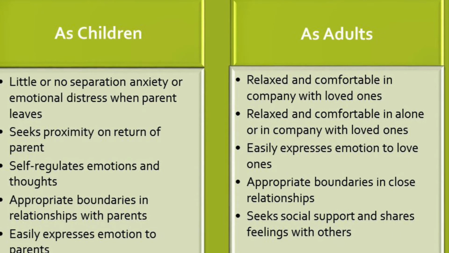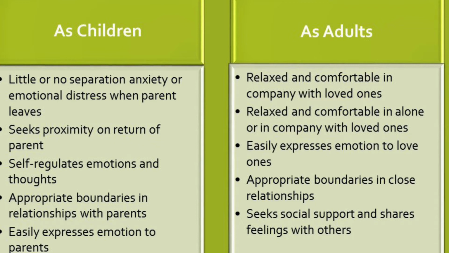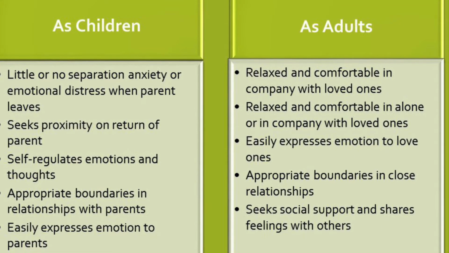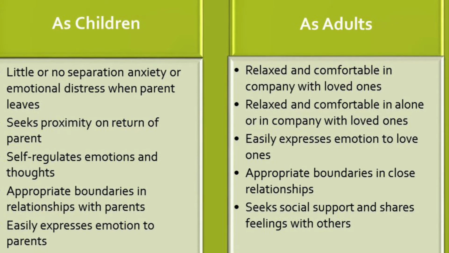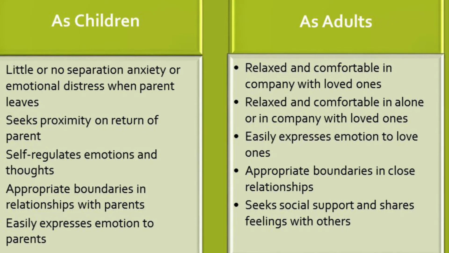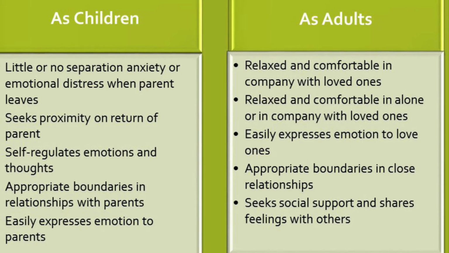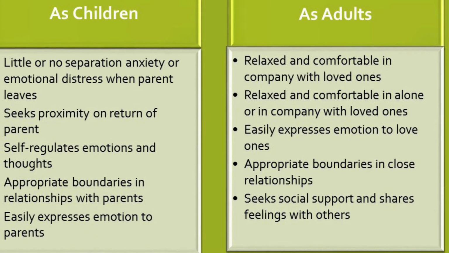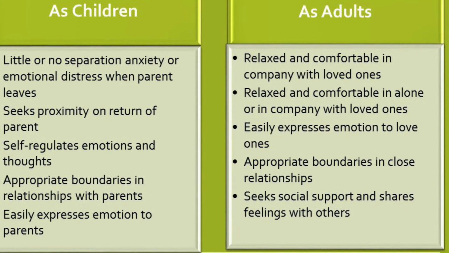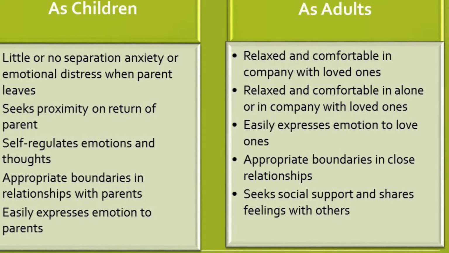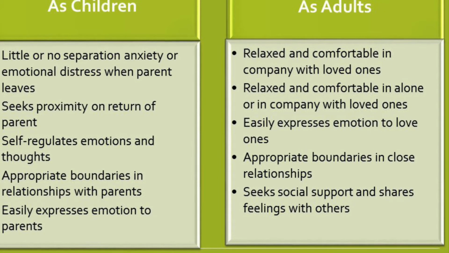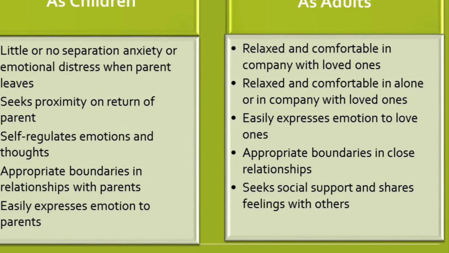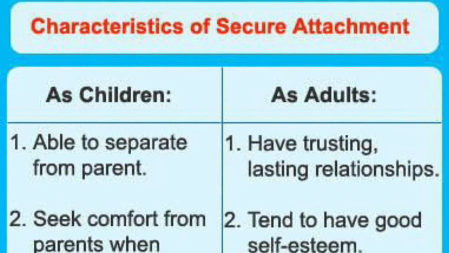A securely attached child, when they grow up, has the ability to take one relationship and be all into that relationship. They will be able to be vulnerable, and they'll be able to experience vulnerability from their partner. They are willing to go through this over and over again with somebody because they don't mind the loss. They can get over it. They can rebound. And also, they don't go from one relationship to another.